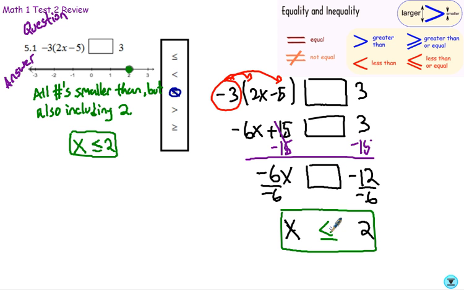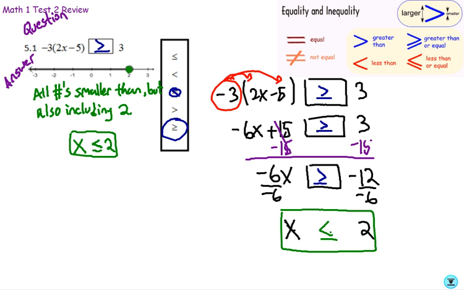So if it ended up being a less than or equal to, that must mean that it was a greater than or equal to, because when you divide by a negative, you have to switch the inequality symbol. Now, what about here? Would we have switched? Well, we're just subtracting, so that doesn't affect it, right? So that actually would have started off as a greater than or equal to, because we divided by a negative, that's what switched it around.